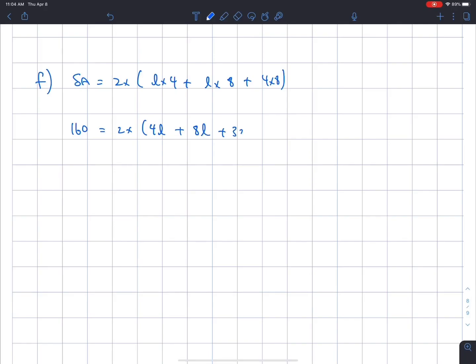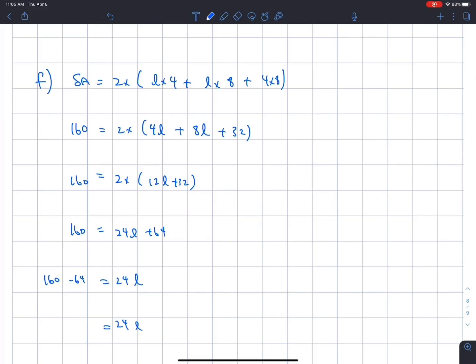And 4 times 8 is 32. 4L plus 8L is 12L. We multiply the 2 in, we get 24L plus 64 equals 160. So 24L equals 160 minus 64. 24L equals 96.